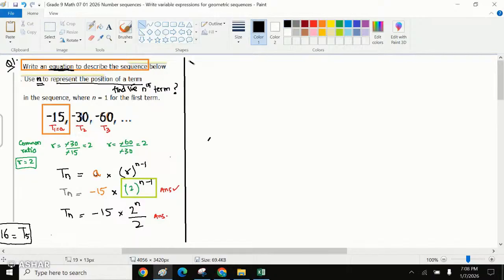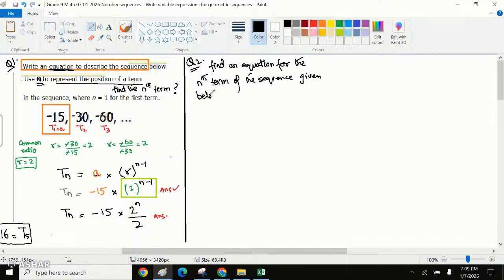So the next question, question number 2, says find an equation for the nth term of the sequence given below.